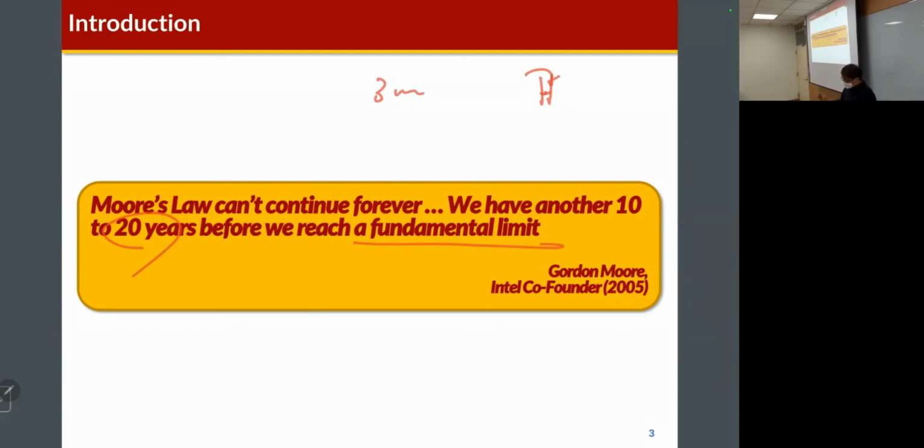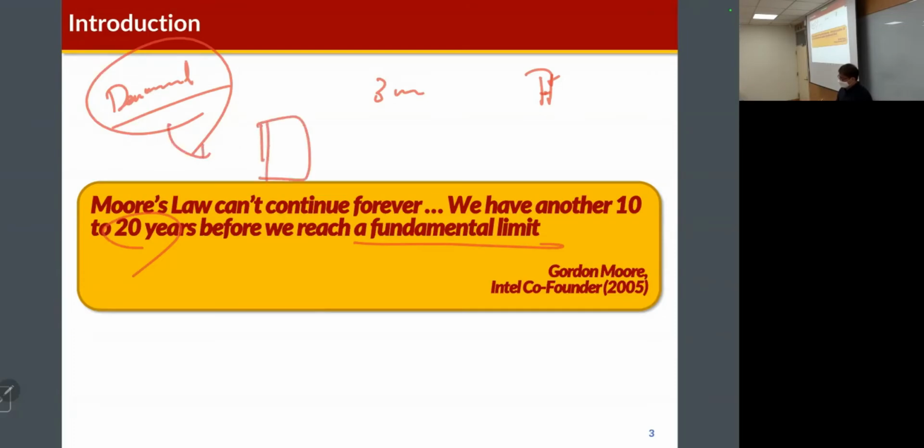But actually, Dennard scaling ended. So we cannot benefit from Dennard scaling, the scaling of the transistor. This means that if we increase the number of transistors in the same area, then power consumption increases.